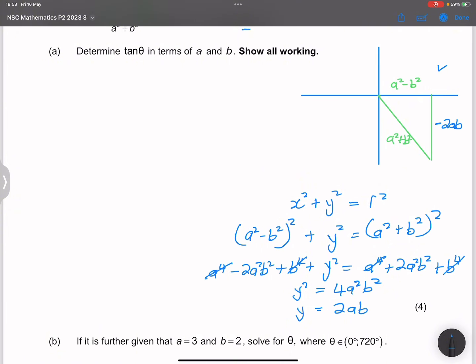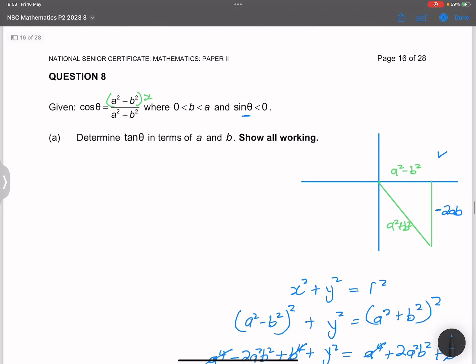Now ladies and gents, they said we need to find the tan of theta. So remember, tan of theta is equal to y over x. So let's do that.